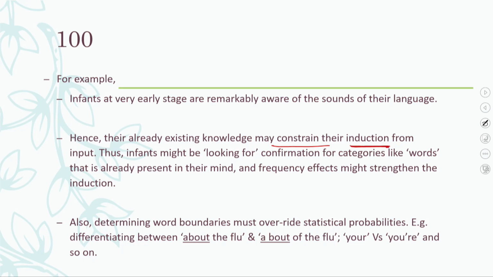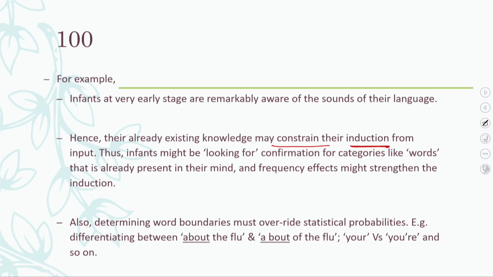Thus, infants might be looking for confirmation of categories like words that are already present in their mind. They may not be learning from the inputs, but just cross-checking with the existing words, and frequency effects might strengthen the induction; that is all it might be doing.